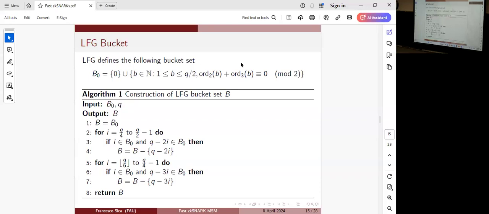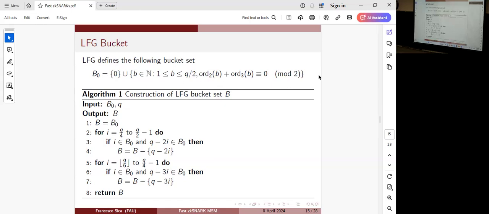So basically, b is written as 2 to the power something times 3 to the power something times something which is co-prime to 2 and 3, and the exponents have to add up to something which is even. Okay, so they're either both even or both odd.